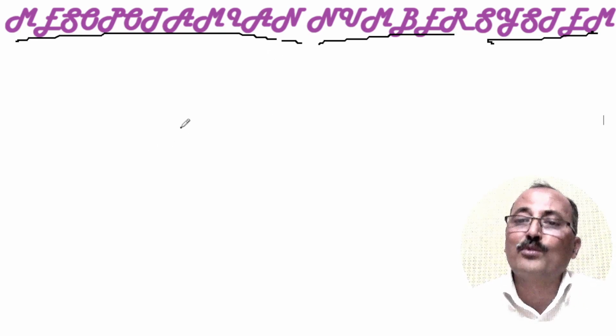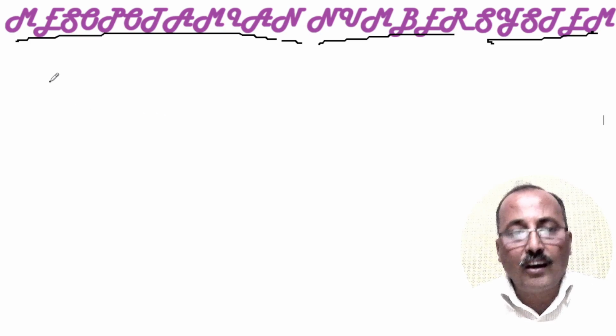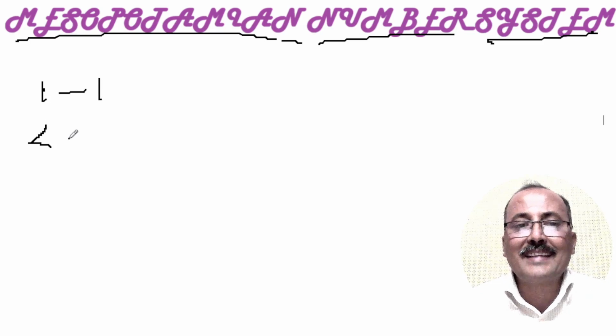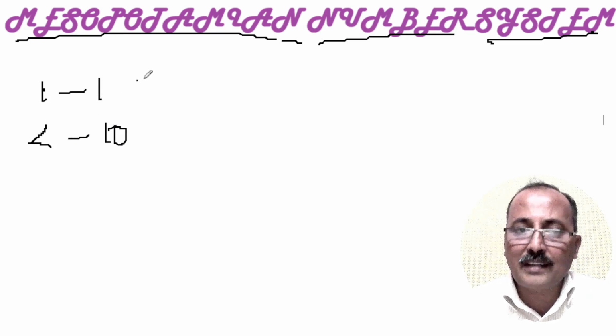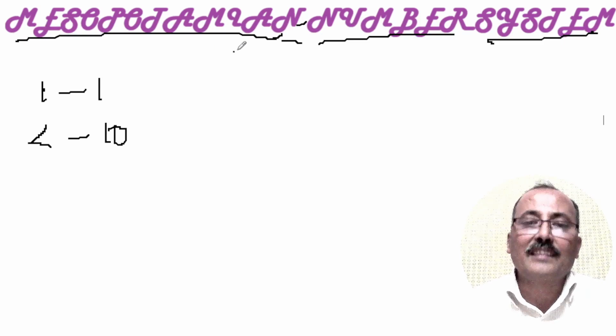What symbols they used and what system they used to develop the numbers. In the Mesopotamian number system, they used one symbol for 1 and the less than symbol for 10. Remember, these symbols are from the Mesopotamian script, one font for them.